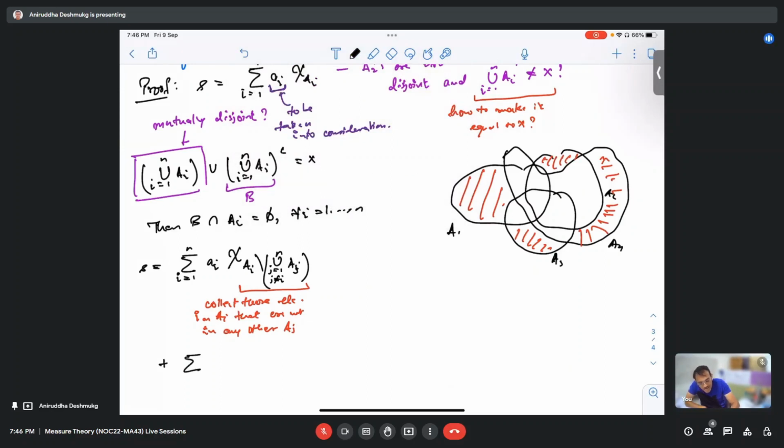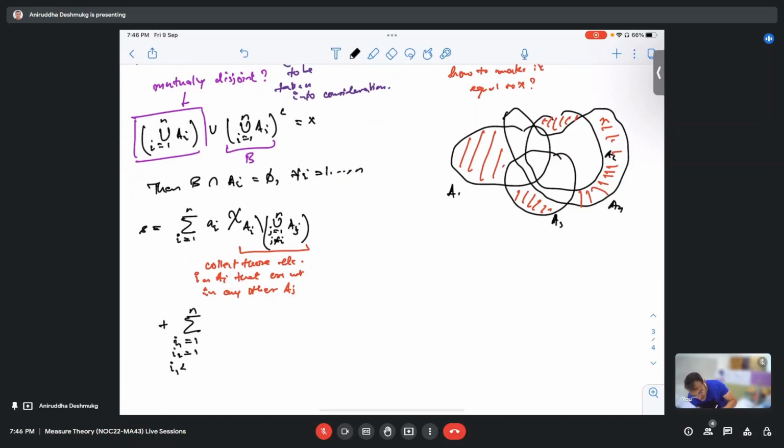Let us now look at the intersection of two sets: those points which are in A1, A2 but not in A3, A4; those points which are in A1, A3 but not in A2, A4, and so on. So take i1 from 1 to n, i2 from 1 to n, with i1 less than i2 because I do not want any repetitions.